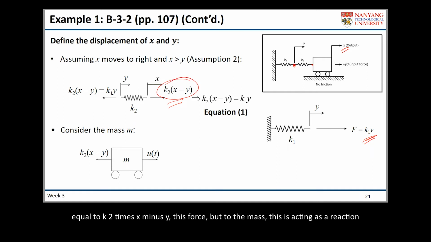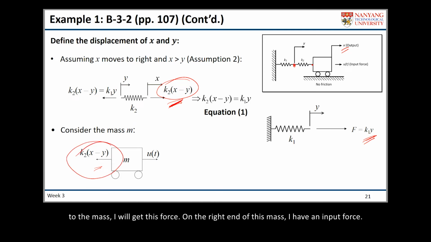But to the mass, this is acting as a reaction force. So to the mass, this force is pointing to the left side. So when I transfer this force to the mass, I will get this force.